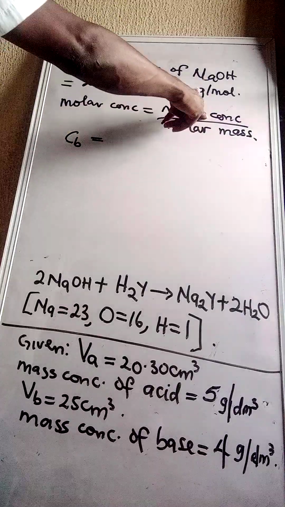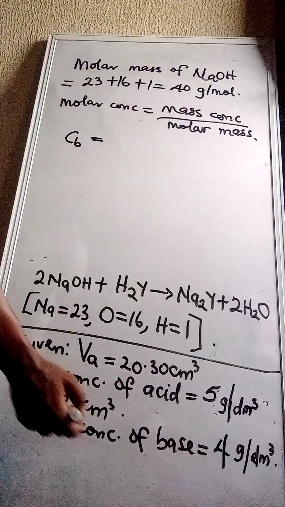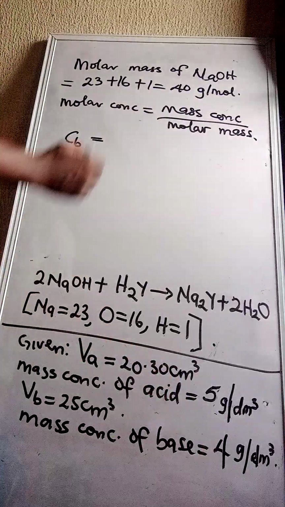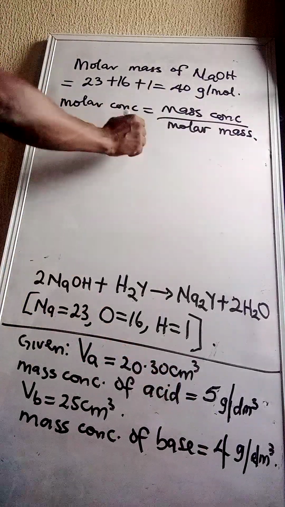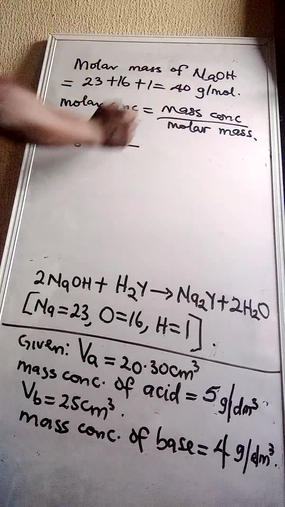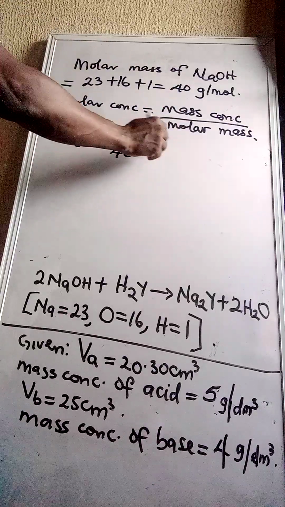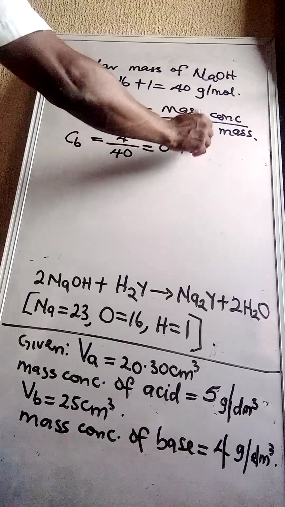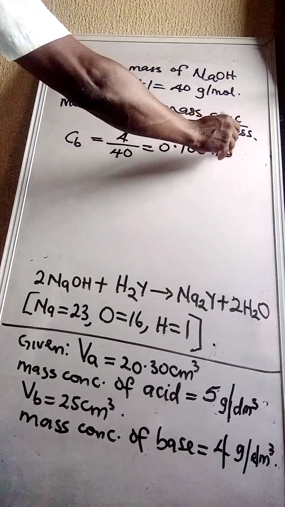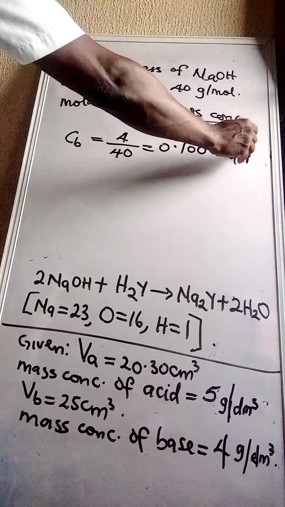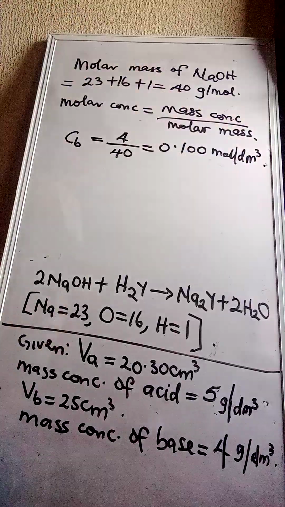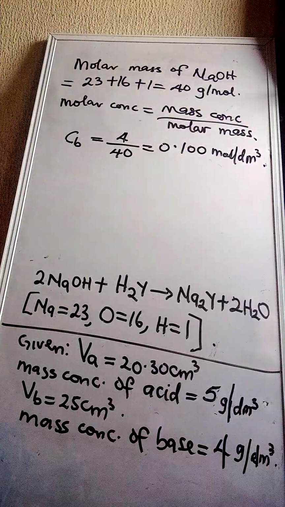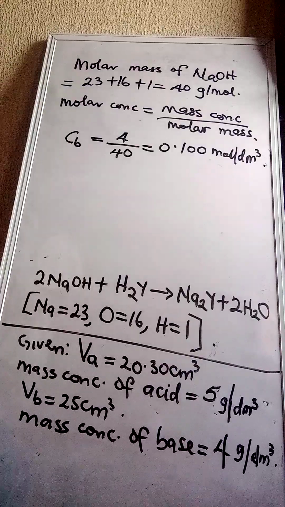That means I will need the mass concentration of the base, which is 4, divided by the molar mass of that base, which is 40. That will give us 0.100 mole per dm cube. All right, now we know the molar concentration of that base. From there, we can go ahead and find what we are asked to find.